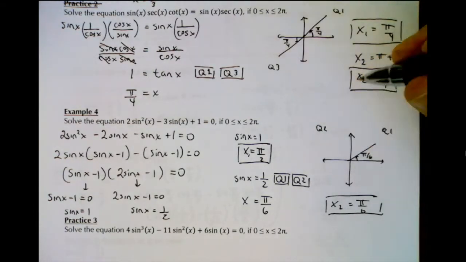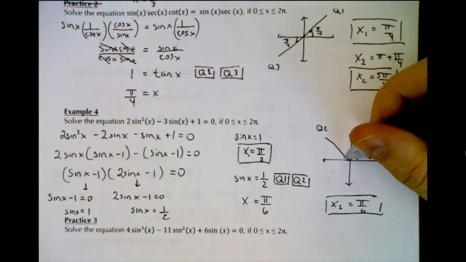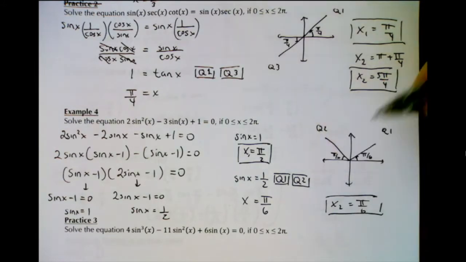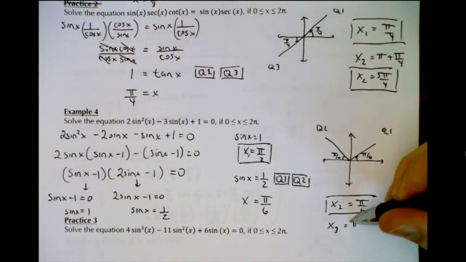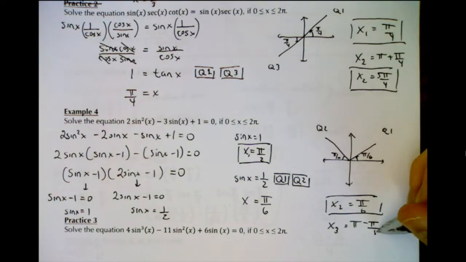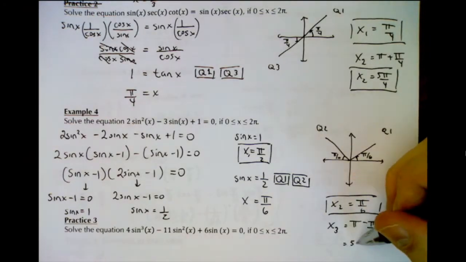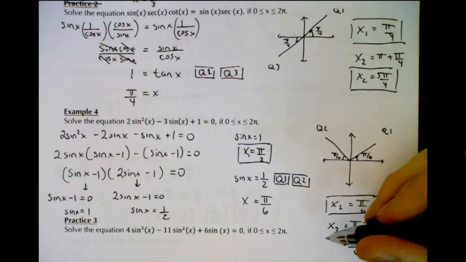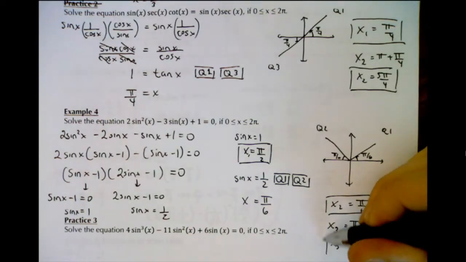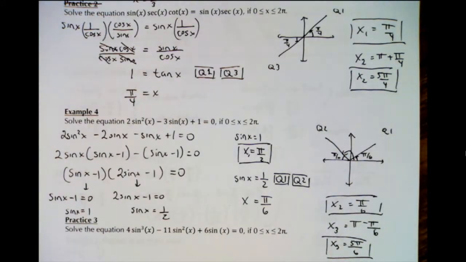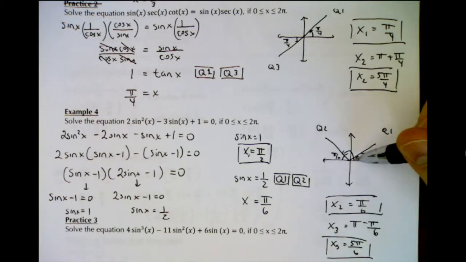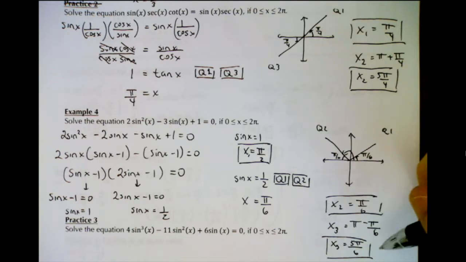Our quadrant 2 answer, your beta is still pi over 6, but when you're in quadrant 2, your answer is pi minus pi over 6, which would be 5 pi over 6. That is this angle. So our x2 in quadrant 1 is just our pi over 6. And our x3 is in quadrant 2, which is pi minus pi over 6, or 5 pi over 6.